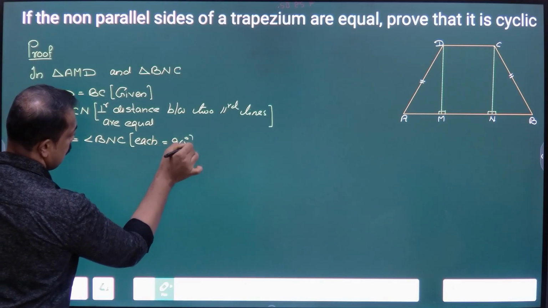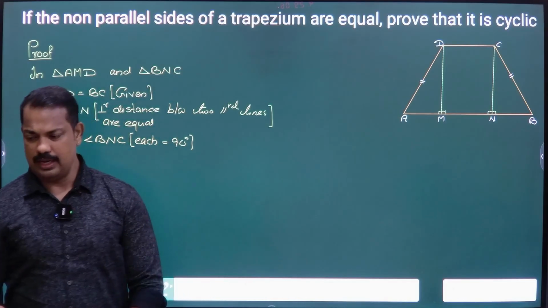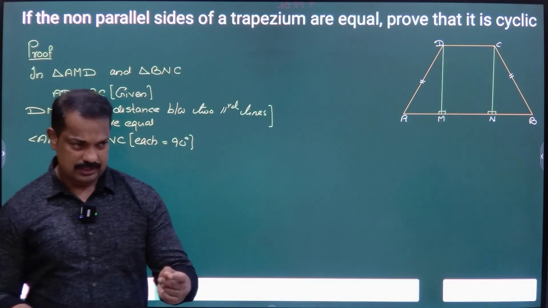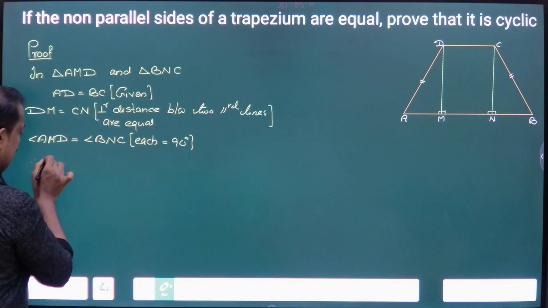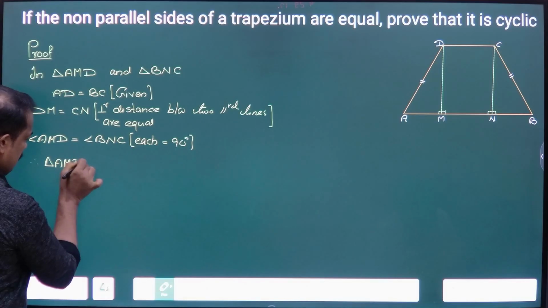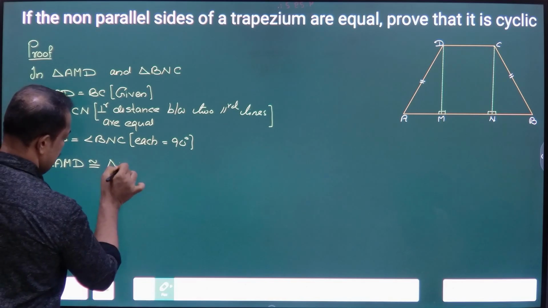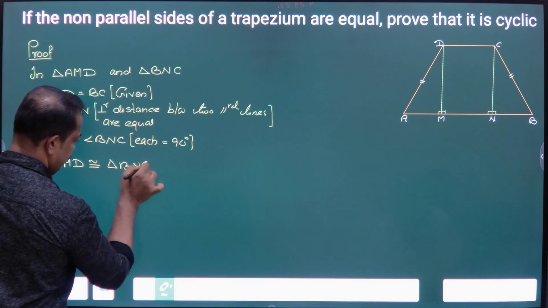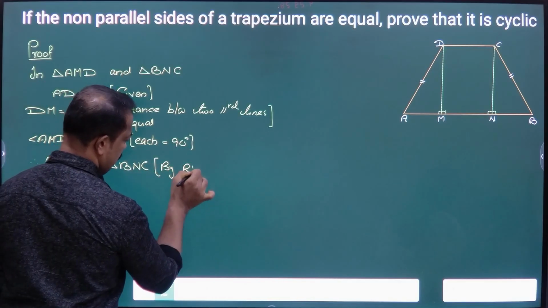So we can say these two triangles are congruent. By which condition? RHS. These two triangles are congruent by RHS. Therefore, triangle AMD is congruent to triangle BNC by RHS congruence.